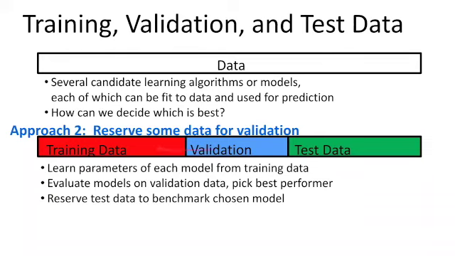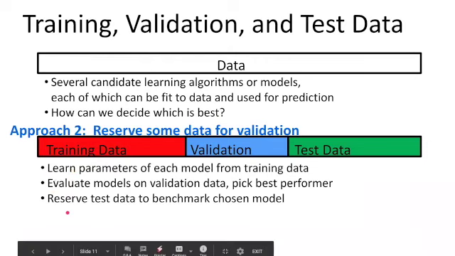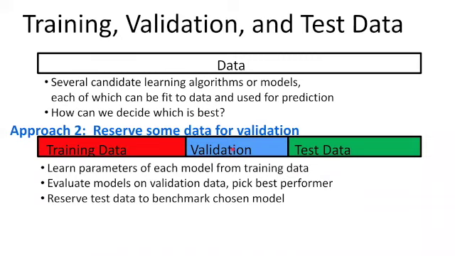Because you have this validation data set available, you can learn each model based on the training data sets, then evaluate the performance of the models you learned on the validation data set and pick the best performer.